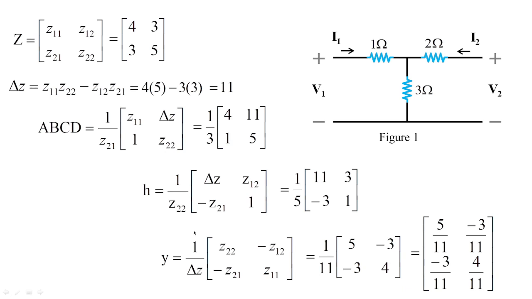So here the Y parameters are obtained in this fashion, and this particular circuit, the network shown in figure 1, is said to be reciprocal in nature because Y12 is equal to Y21. Now this answer we need to cross check with the original solution we employ in order to determine the Y parameters.